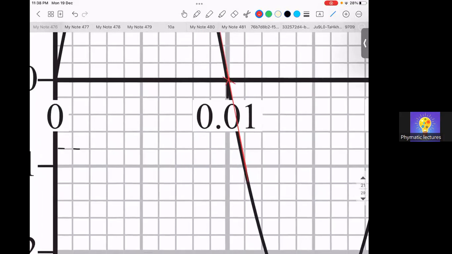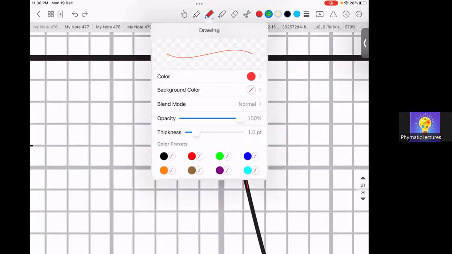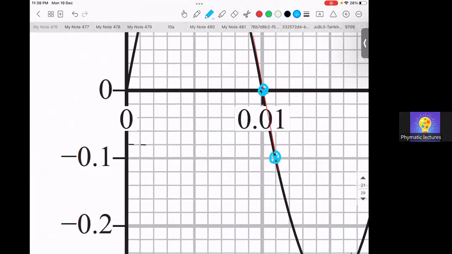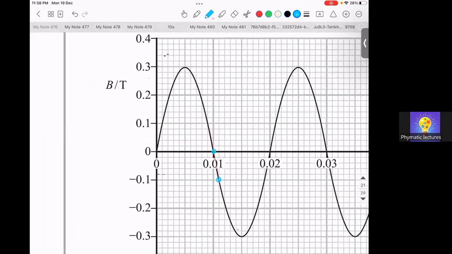I'm drawing a line here and taking two points. The other point at which it should give the maximum negative gradient, because this is the maximum positive gradient.